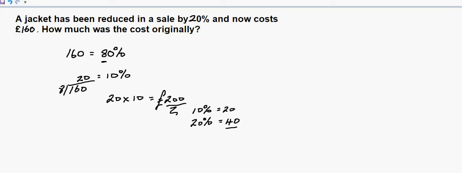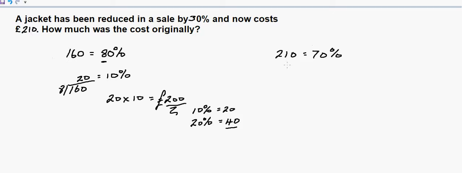Okay, so if I change this slightly, we say a jacket costs whatever it is and it's been reduced by 30% and it's now £210. So this 210 is 30% from 100%, which is 70%.